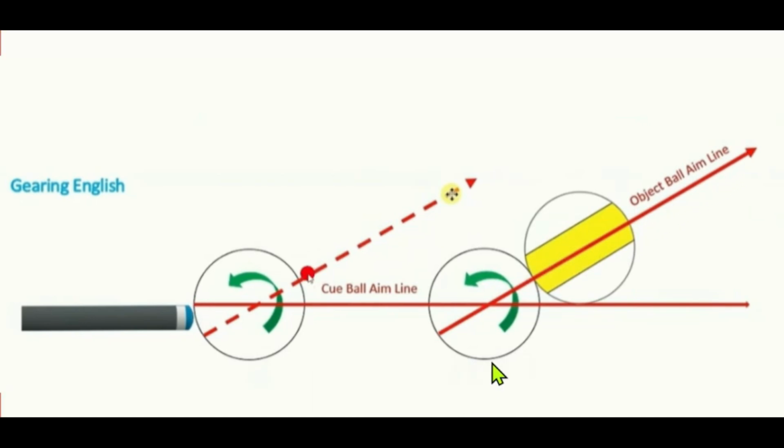There is a way to calculate gearing English. If you take a line through the center of aim of the object ball and through where the ghost ball would be, if your cue tip can contact 40% of the difference between these two lines, this will create gearing English.